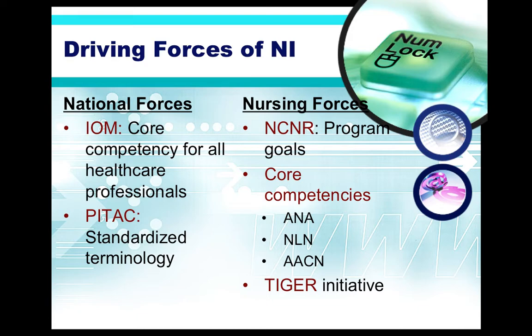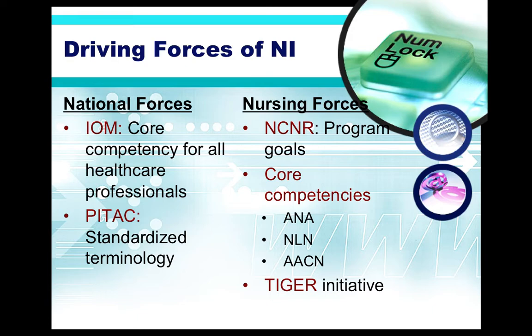And as far as from a nursing standpoint, we have the National Center for Nursing Research, and this agency, which is an arm of the National Institutes of Health, has created program goals for nurses and the competencies that nurses should have. And these core competencies have been adopted by the American Nurses Association, the National League for Nursing, and the American Association of Colleges of Nursing.